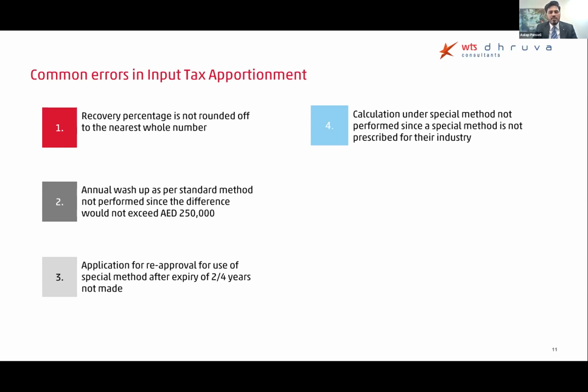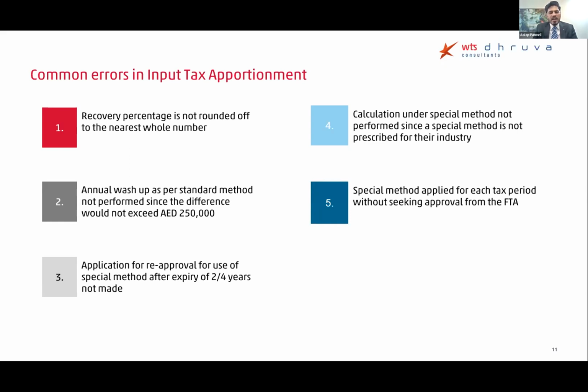We have received private clarifications for some of our clients where a retail sector or an education sector is advised to do an output method because the standard method does not give a true and fair view, a fair and reasonable result. So the misconception that a special method cannot be used by every business is incorrect.